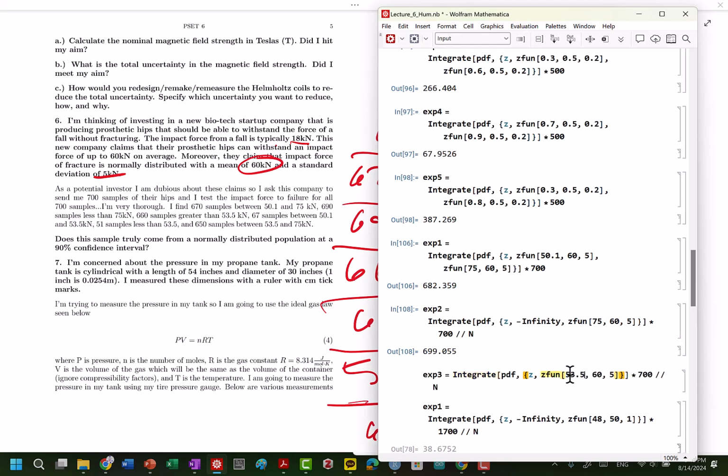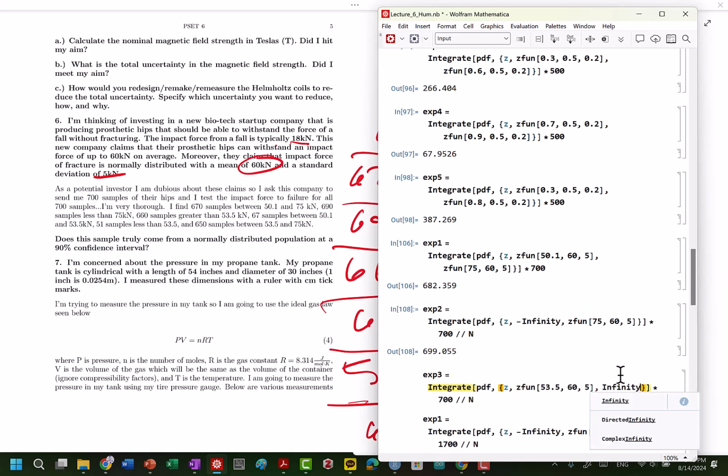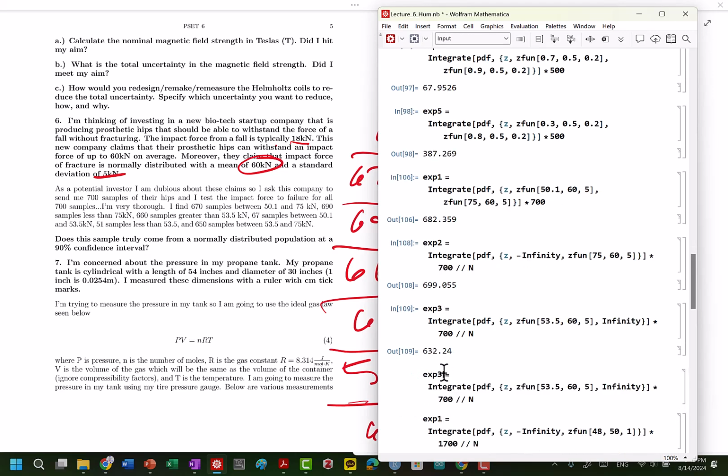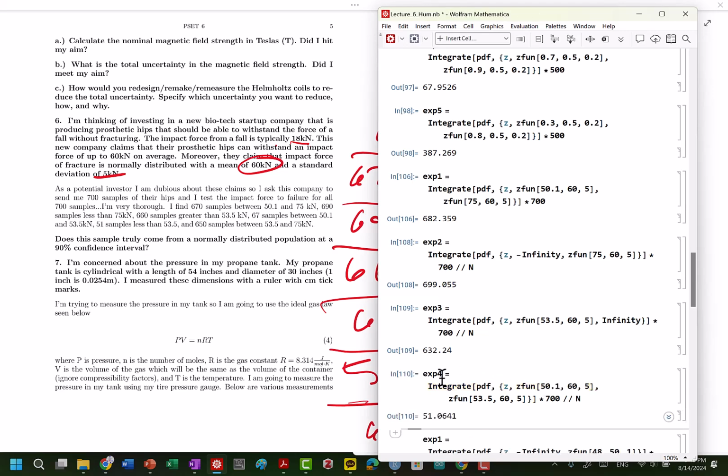And then I'm going to finish it off with an infinity. Almost there, people. Expected 4. We're going to have between 50.1 and 53.5. So I'm just going to copy this. 50.1. Good.